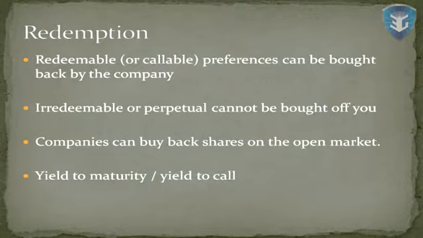And yield to maturity is what you want to be calculating when you're looking at redeemable preference shares, because you can buy them under the nominal value. So you could buy them for 80 pence when they're worth £1. So when they're bought back, you'd get that extra 20 pence, which would give you a very good rate of return. Whereas, more importantly, if they're trading above the nominal value, when they're bought back, that will be kind of a loss.